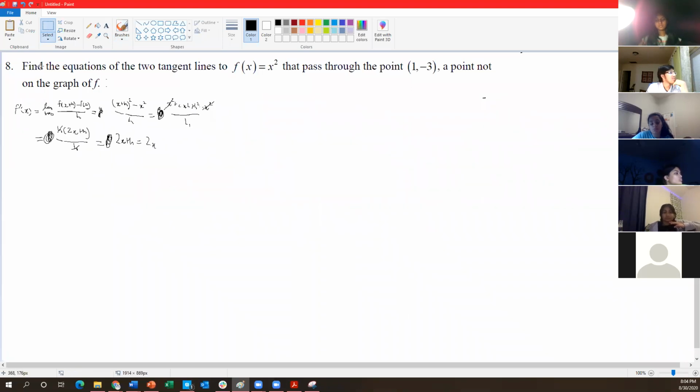Okay. All right. So we know that the derivative is 2x. So now what we were doing earlier, where we said we know that we need our slope. So once again, point slope form, y plus 3 equals m times x minus 1. That makes sense, right? How I got that?